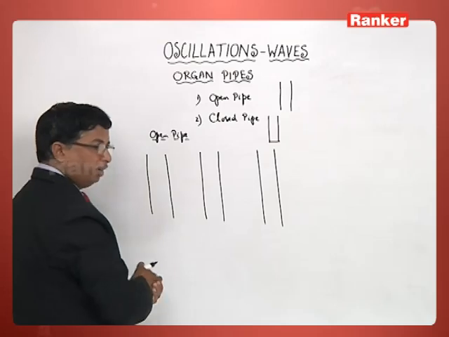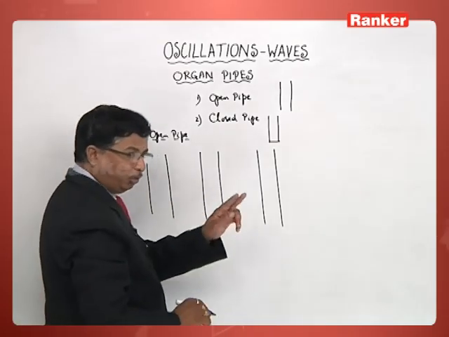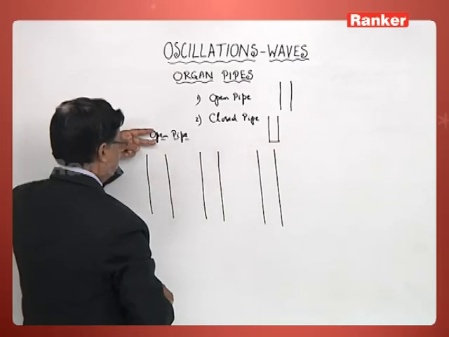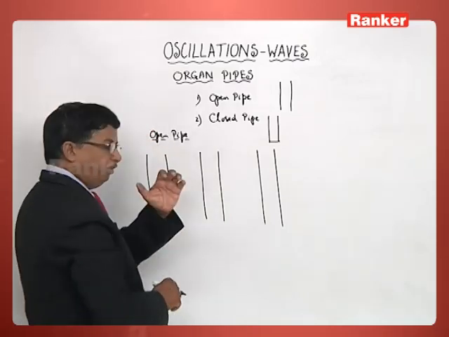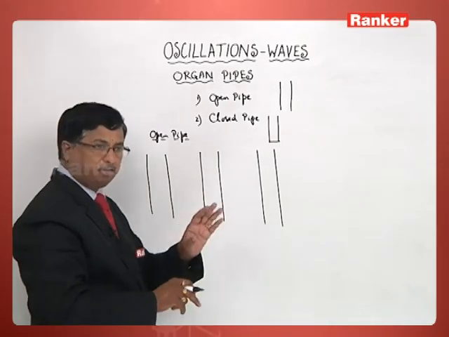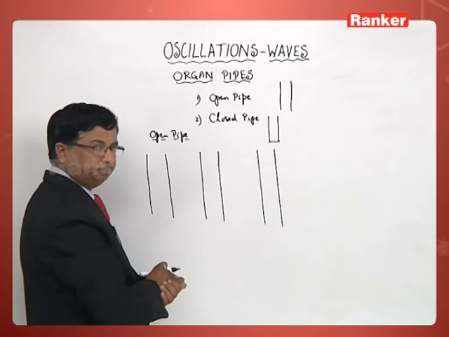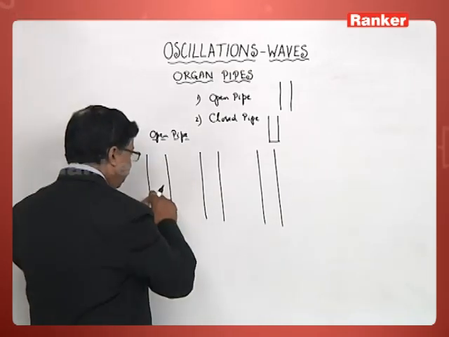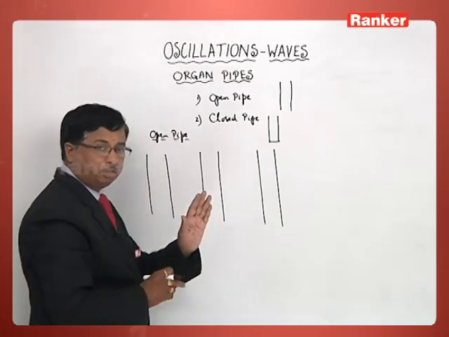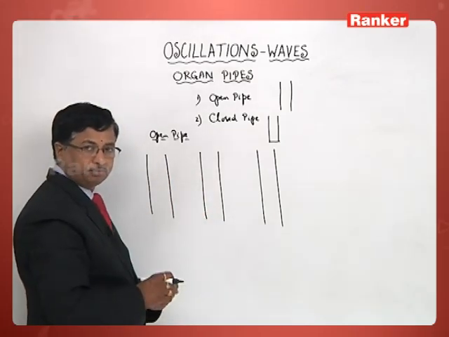Both sides are open. I took a tuning fork, tuned it and kept it above this. Then the waves produced by the vibrating prongs surely will enter into the tube. When they are entering into the tube, how the stationary waves are being formed, we need to know.